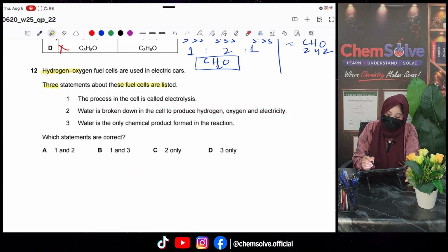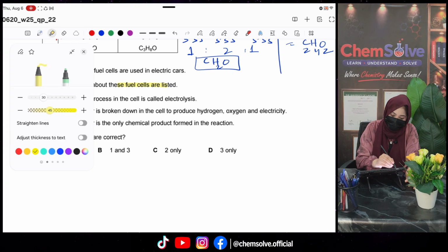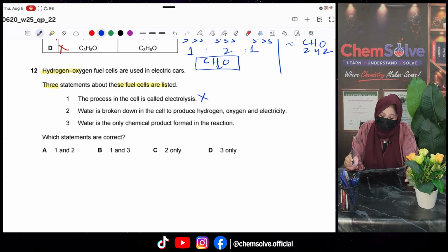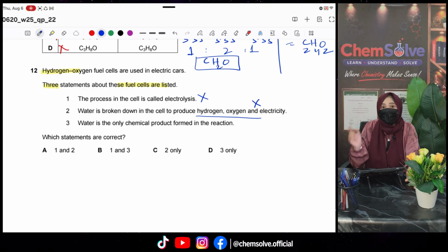The process is called electrolysis? Not at all. Water is broken down in the cell to produce hydrogen, oxygen, and electricity? Not at all. Instead, hydrogen and oxygen combine to form water. So it is wrong. Water is the only chemical product?